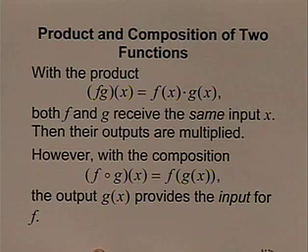Then their outputs are multiplied. However, with the composition f composed with g of x equals f of g of x, the output g of x provides the input for f of x.